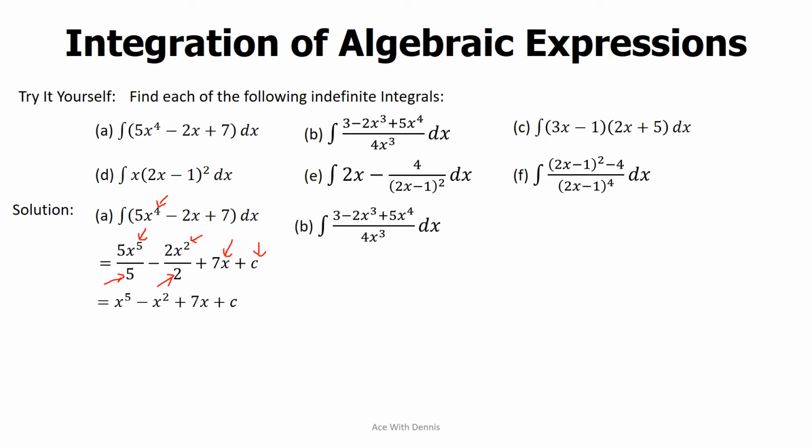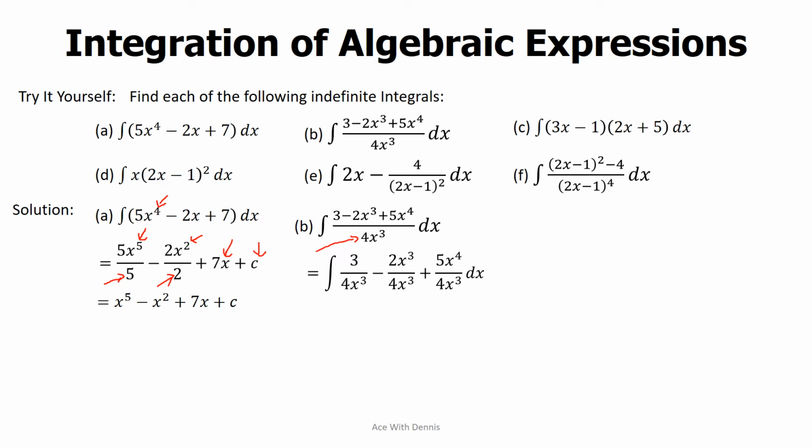Okay, for B, integration of 3 minus 2x cubed plus 5x power 4 over 4x cubed dx. So from this case, we can see that the denominator, there is only one term here, 4x cubed. So before we do integration, we can split them up into 3 different fractions, which becomes integration of 3 over 4x cubed minus 2 over 4x cubed plus 5x power 4 over 4x cubed.